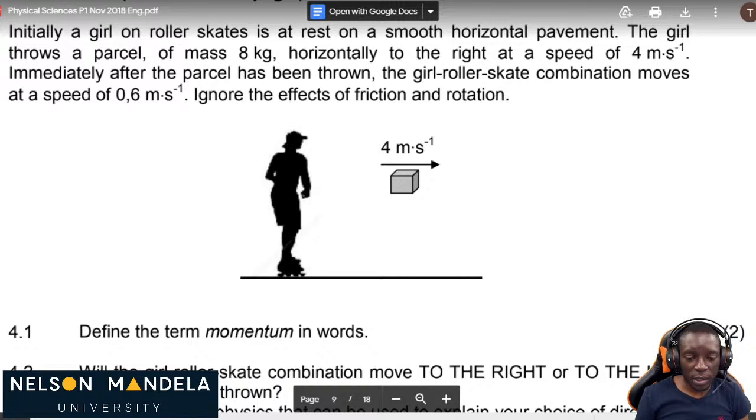If any one of you can do that for us, we would appreciate. How do we define momentum? Please confirm if you can hear me. If the audio is coming through to you, please just type something on the chat box.